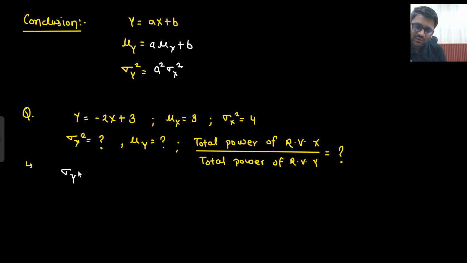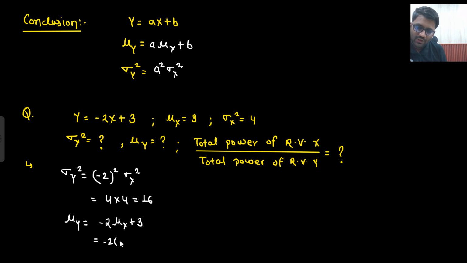You know that sigma y square would be equal to a square sigma x square. What is the value of a? Minus 2. So a square is 4, into sigma x square. Well and good. So 4 into sigma x square, which was 4 only, so answer is 16. So sigma y square is 16. What is your mu y? Mu y is minus 2 mu x plus 3.